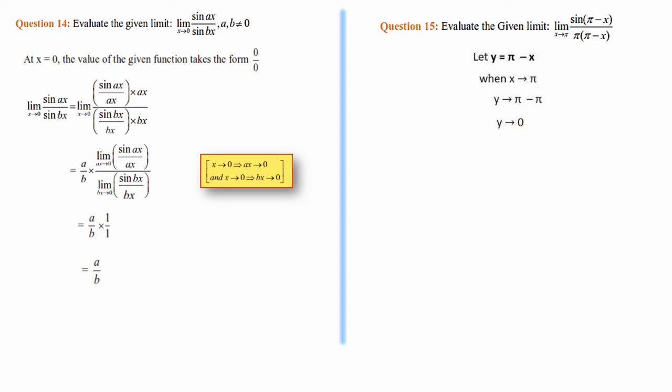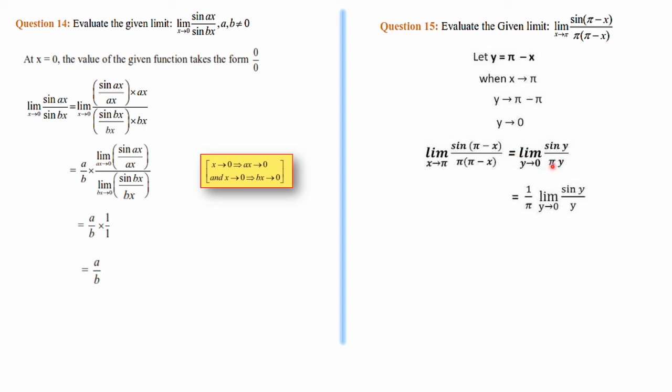So here we are changing to y. So this limit also we have to change. So limit x tends to pi, sine pi minus x by pi into pi minus x is equal to, we are changing the limit, y tends to 0. This will be coming as sine y divided by pi into y. Because pi minus x we have substituted as y. In the denominator there is a pi already, so pi into y will be coming. Then take this pi outside, because pi is a constant.